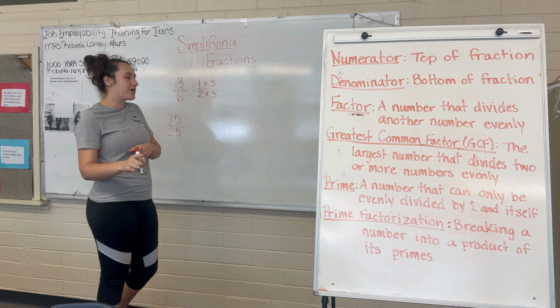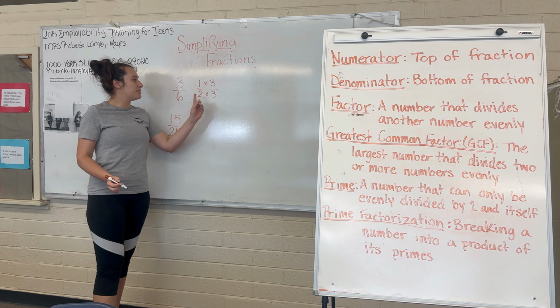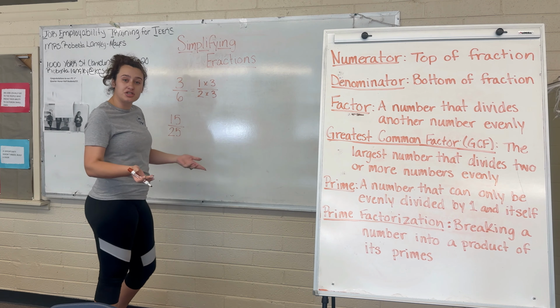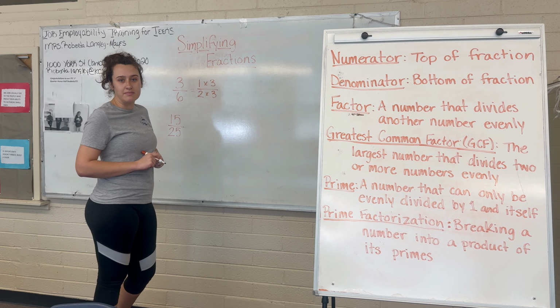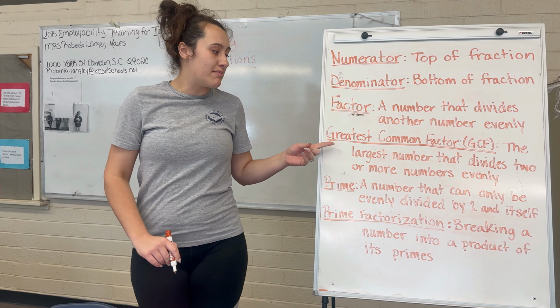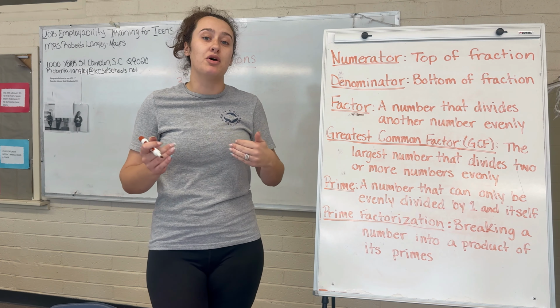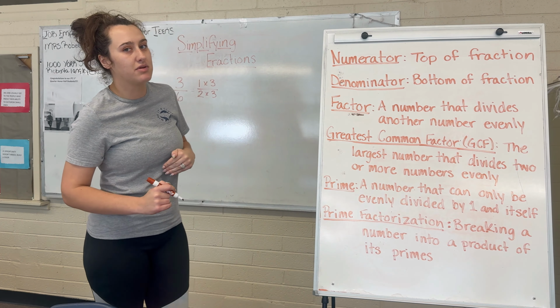So to recap our vocab, the factors of 3 would be 1 and 3 because they're two numbers that evenly divide 3. Factors of 6 would be 2 and 3 because they're two numbers that evenly divide 6. When simplifying fractions, I don't want any factor, I want my greatest common factor, which is the biggest number that divides both my numerator and my denominator.